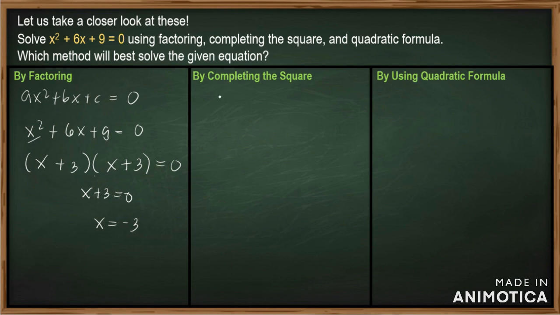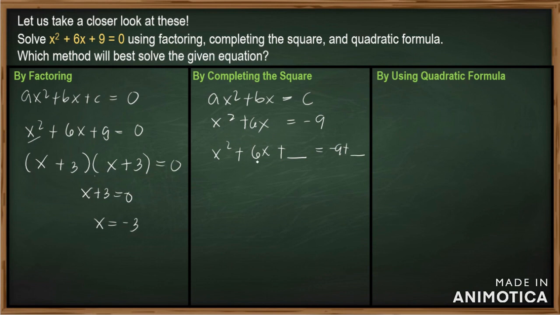In using the completing the square method, the equation must be written in the form ax squared plus bx equals c. So here we are going to transpose positive 9, so it becomes negative 9. And then what we are going to do is complete the trinomial, plus blank equals negative 9 plus blank.